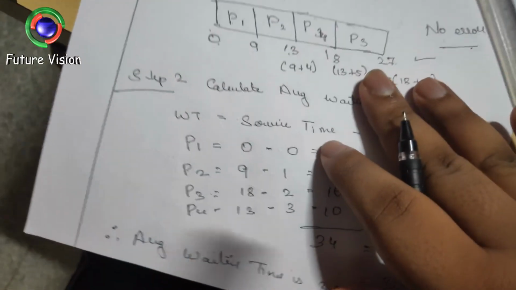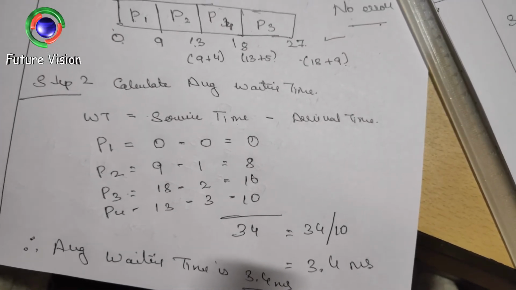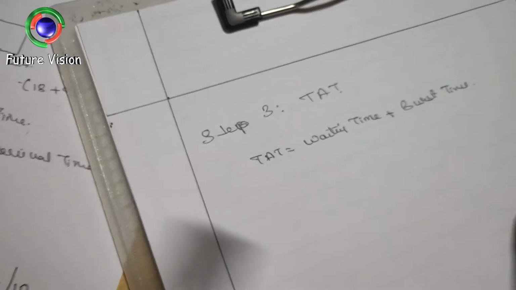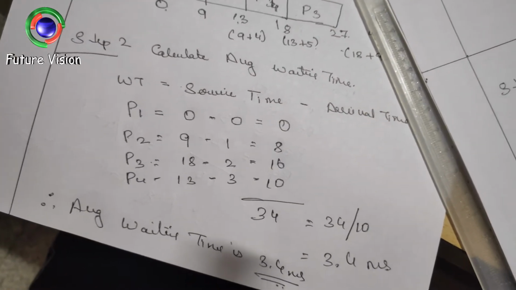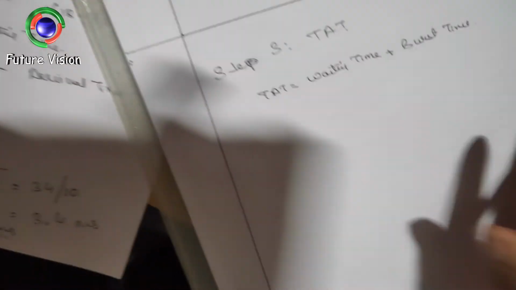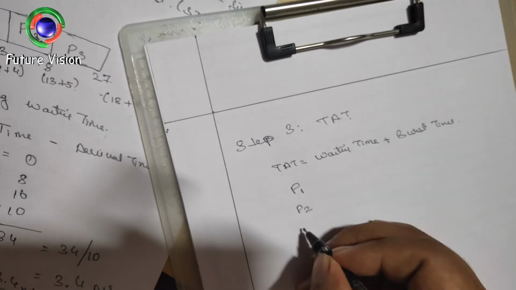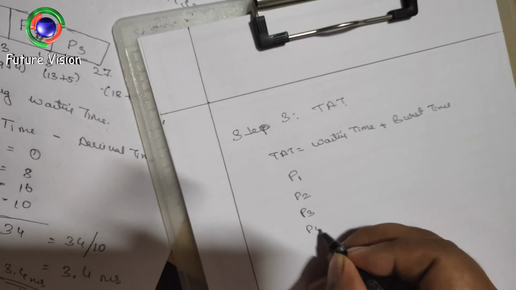From this we can take the waiting time of all the processes from P1 to P4. We just copy 0, 8, 16 and 10 here, and we'll calculate further for P1, P2, P3, P4.